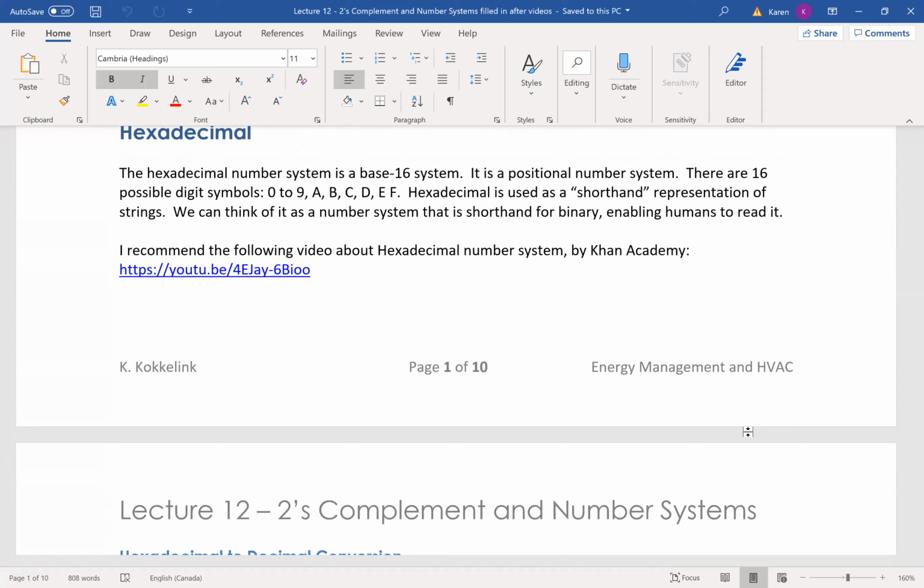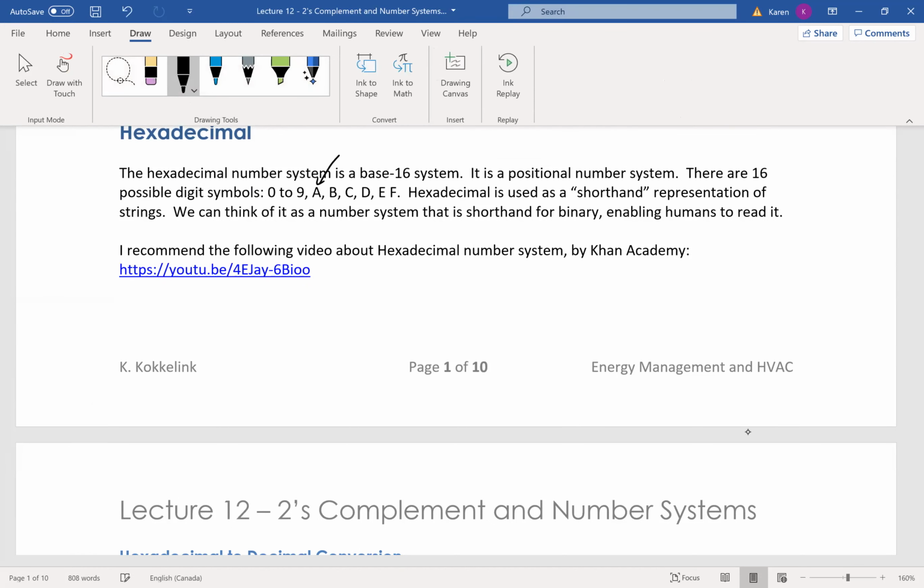B is the symbol that represents quantity 11. C represents 12, etc. So let's just write that into our notes here. A represents 10. B, C, D, E, and F represent 11, 12, 13, 14, and 15 items.